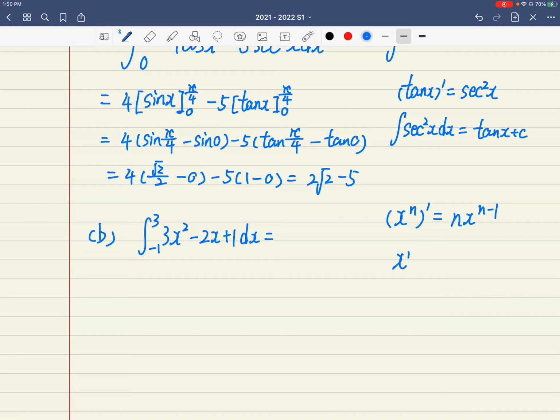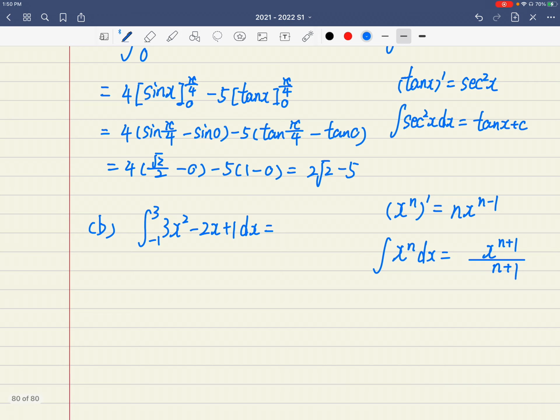And if you integrate it, you will get x to the power of n plus 1 over n plus 1. Because if you differentiate x to the power of n plus 1, you get n plus 1 in front times x to the power of n, then n plus 1 and n plus 1 cancel out.